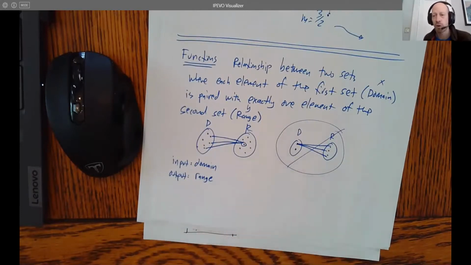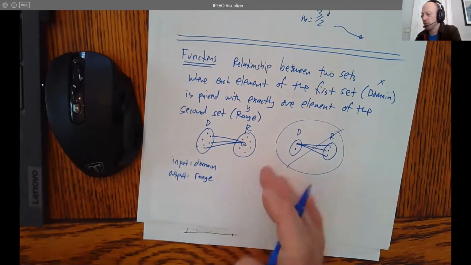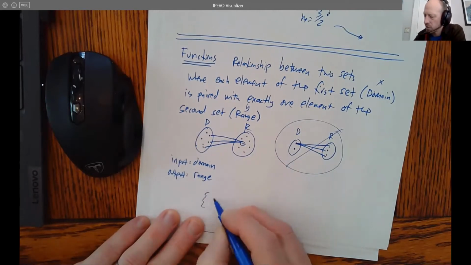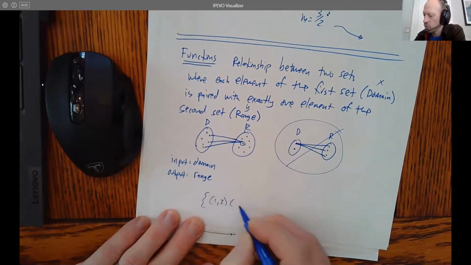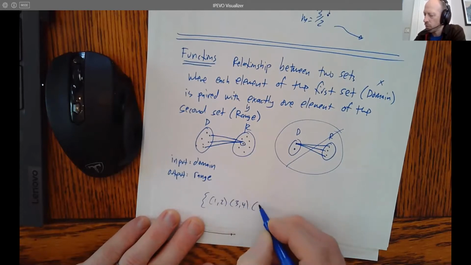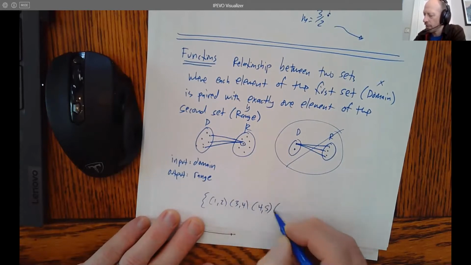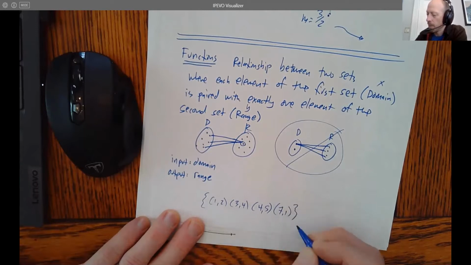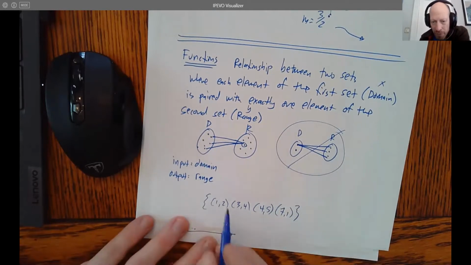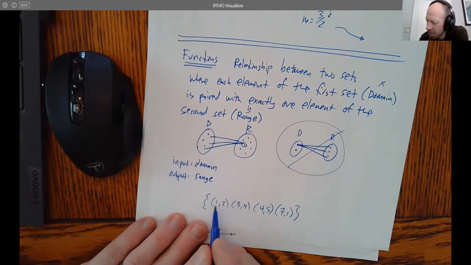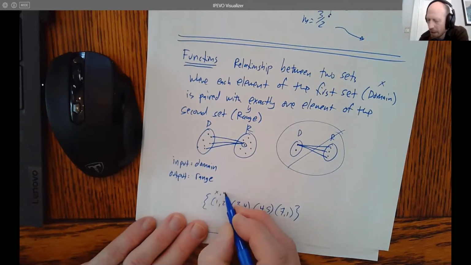But we can also use ordered pairs to represent these relationships. So here's another relationship: (1, 2), (3, 4), (4, 5), (7, 1). This is connecting some elements x to y.